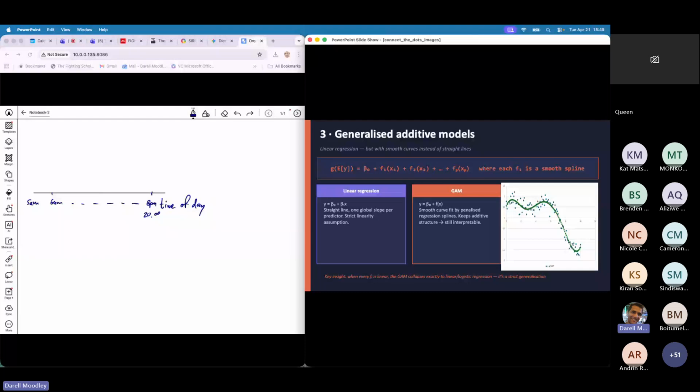Now, let's say we were trying to predict traffic flow. Everyone here, I'm assuming, has experienced traffic in a typical working day. In the early hours of the morning, it's not so busy. On the y-axis here, we've got volume of traffic.